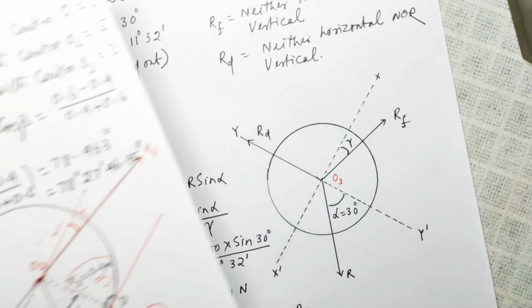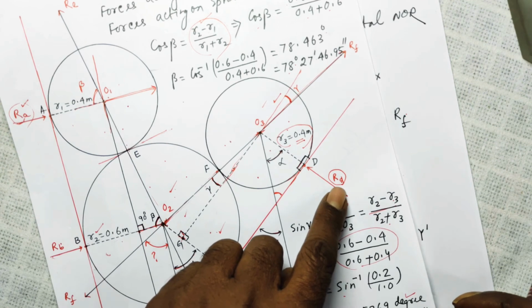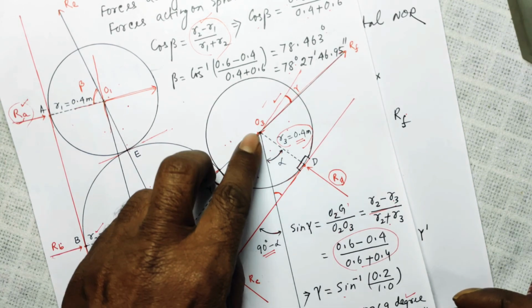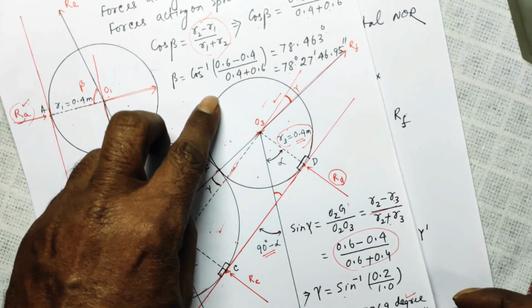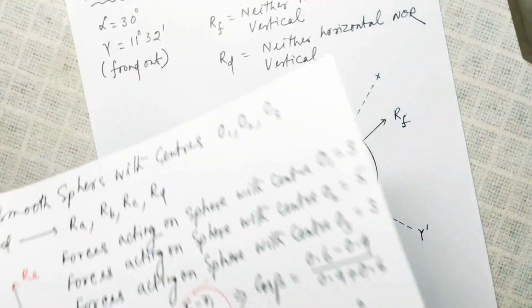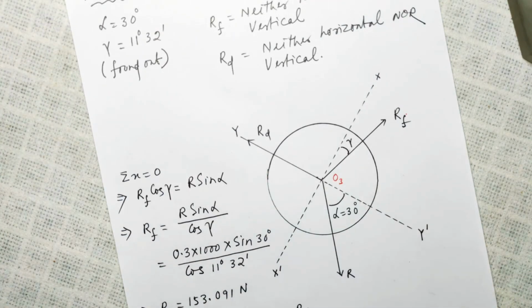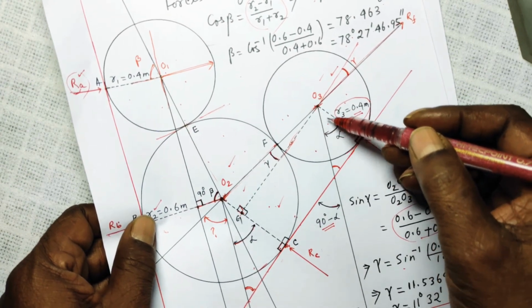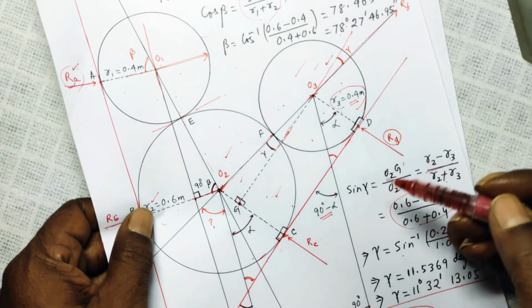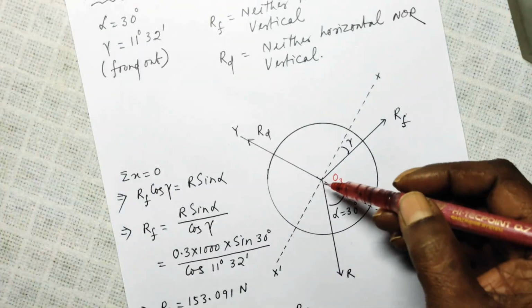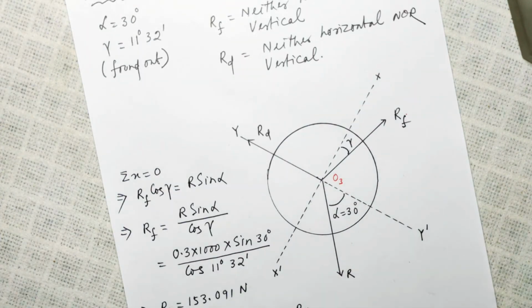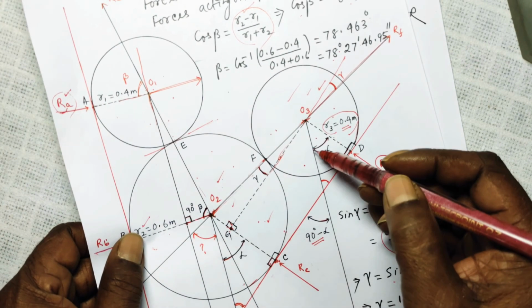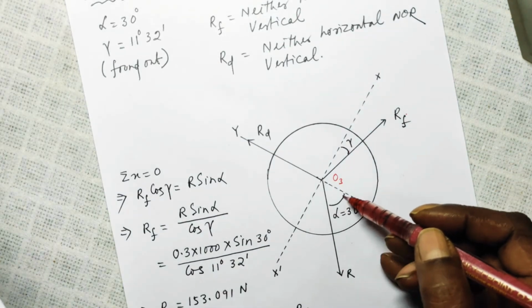So RD, if you shift this vector to O3, it will be pointing to this side. So this is your RD, and from this point, the weight of this sphere is vertically downward. That is what is shown here, and it is making alpha here. So this is alpha here.